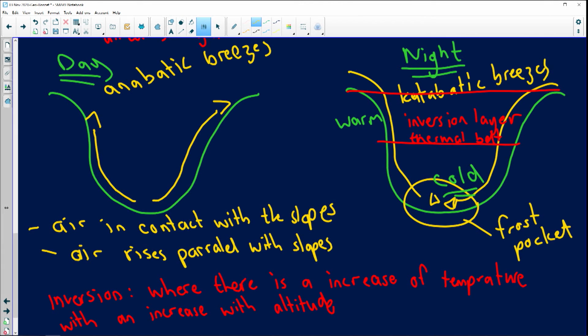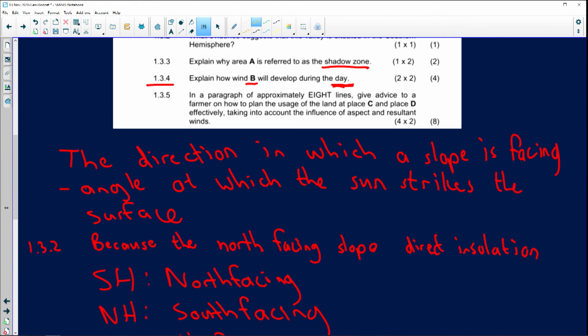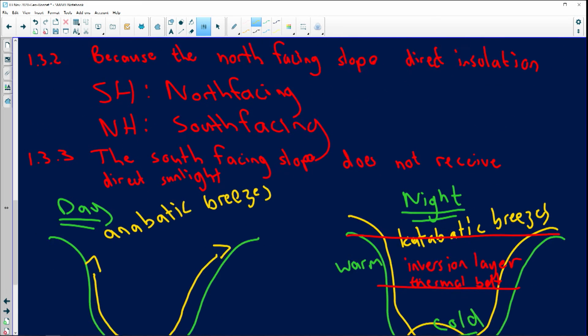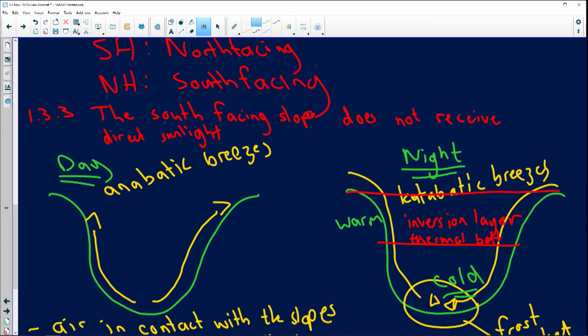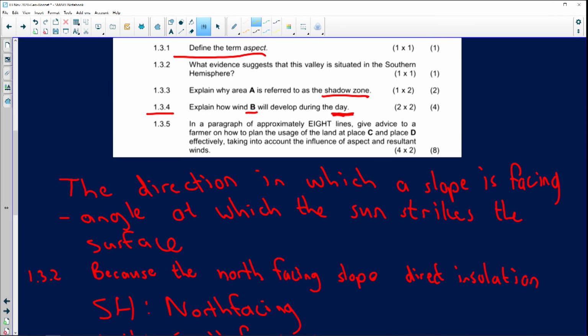Okay, as you can see. And then the thermal belt's been created because we have to go from cold to warm because the warm air has been displaced. Now let's just look at the question. So I just explained how the wind developed during the day because it warms up, and it rises parallel with the slopes, known as anabatic breezes.